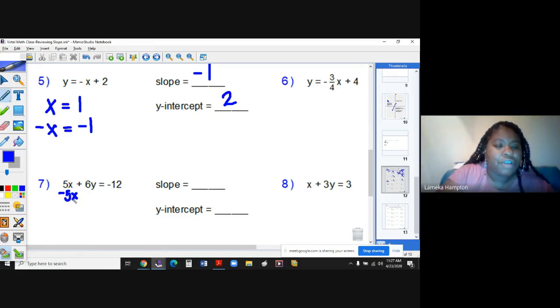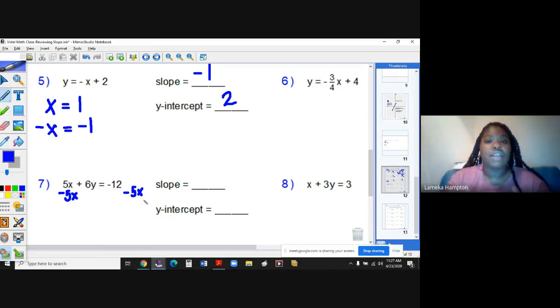Now remember, you are subtracting, but you're really not, if that makes any kind of sense. I know it sounds real weird, but you're not going to subtract -12 from 5x, because if you do that, you're going to think, well, my answer is -17x, and that is incorrect. Remember, -12 is a number and 5x is a term.